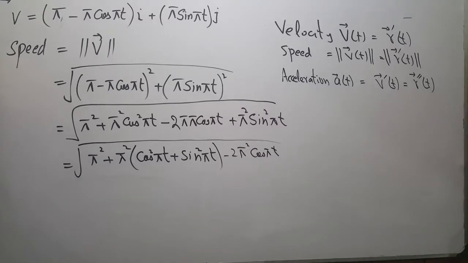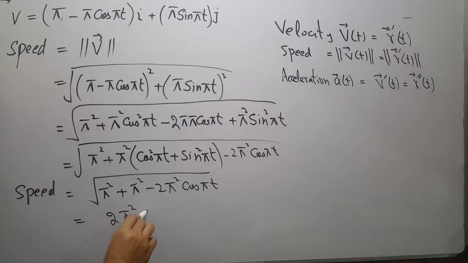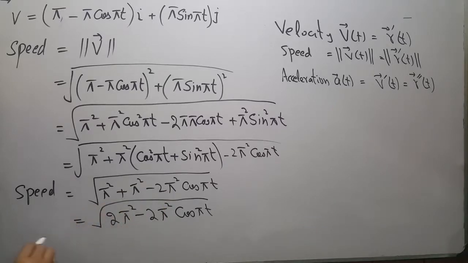All right. So this gives us pi square plus this gives us 1. So pi square minus 2 pi square cos pi t. And this is our speed. You can find out the speed at t is equal to 1. So if you want, you can add them up. You can further simplify it, but if you don't want to simplify, just put the value of t equal to 1.